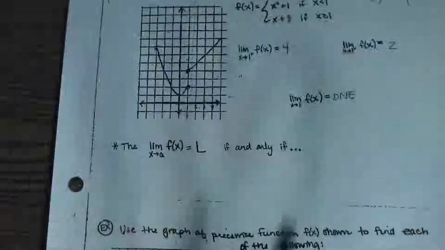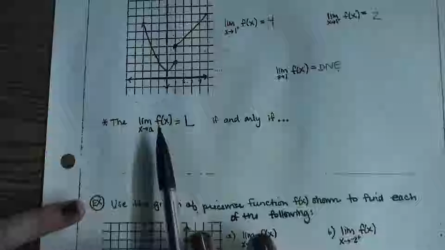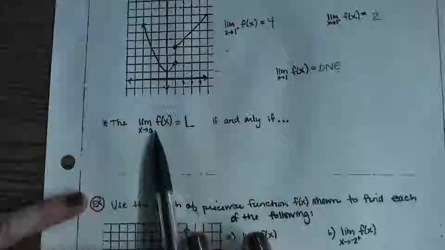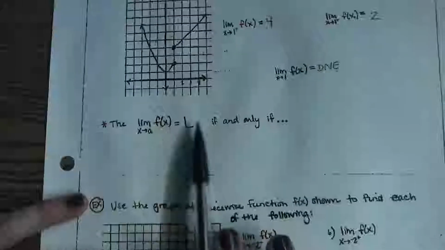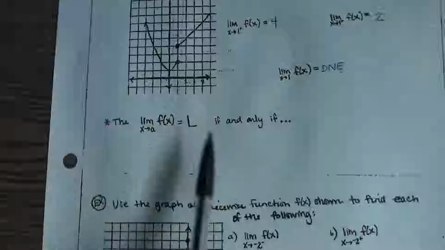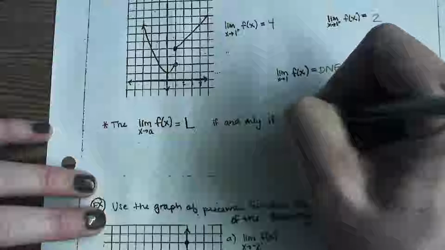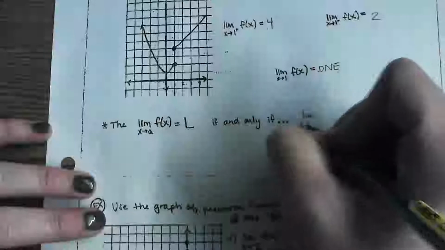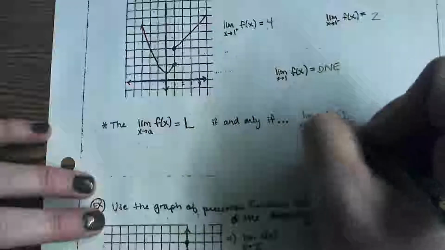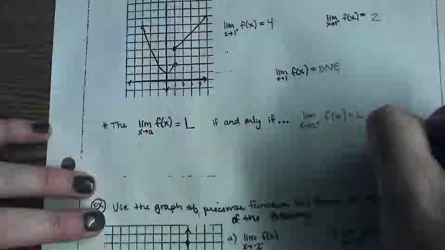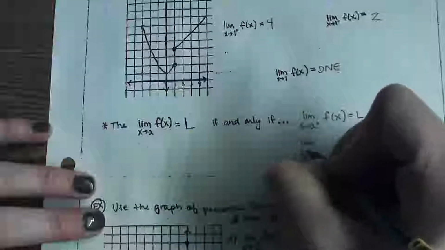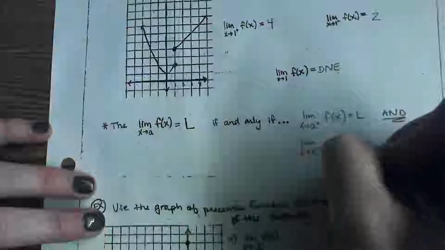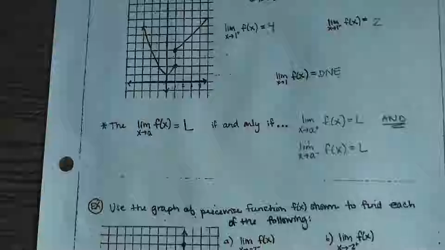Okay, so this little asterisk thing here says the limit of a function as x approaches a equals L, if and only if, and we talked about this yesterday, but we're going to reinforce, if and only if the limit as you approach a from the right on the function equals L, and the limit as you approach a from the left on the function also equals a matching L. So symbolically, and we have to get used to reading symbols, which is why I'm consistently going to say, is the limit the same from the left?